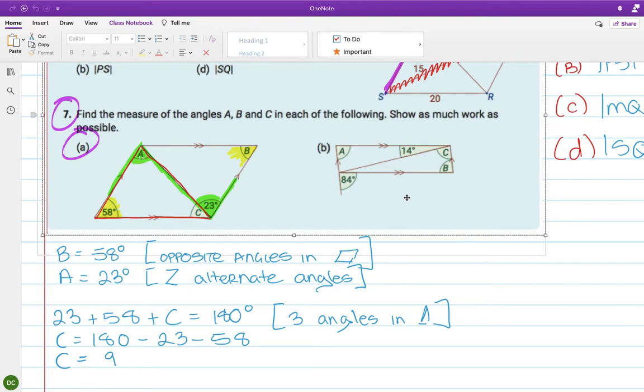So C is 99. And there may well have been other ways to do that. I'm sure there was. Anyway, so they're the three in question 7.